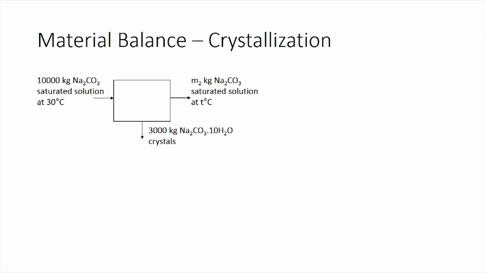We know that the mass of water leaving is 5313 and the mass of Na2CO3 leaving is 1687. So, these are given as kilograms of Na2CO3 per kilogram of water.